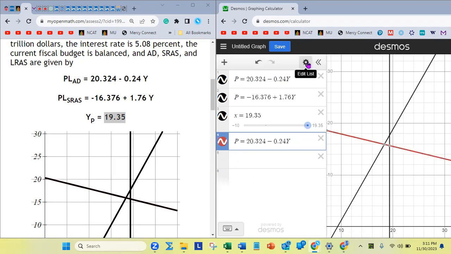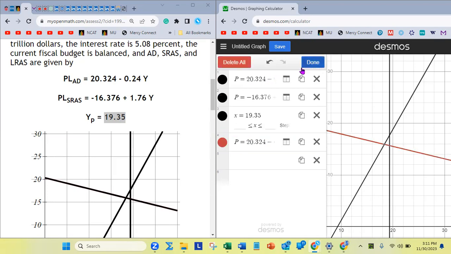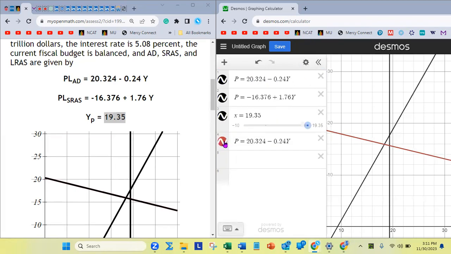And if you don't know how to change the colors, click the gearbox here, and you can change the first 3 to black, right? And then change this 4th one to red. But I'm going to turn the 4th one off right now, right?